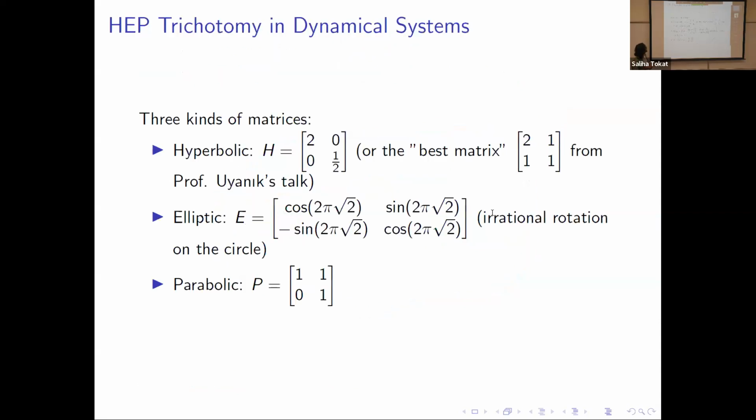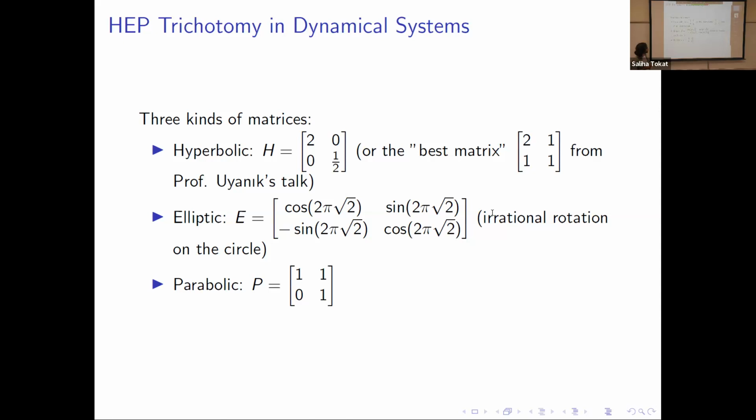This comes from the group property of the time parameter. And there are three paradigms in dynamical systems: hyperbolic dynamical systems, elliptic dynamical systems, and parabolic dynamical systems. In the hyperbolic case, we need a 2x2 matrix. The main property of this matrix is that it has two eigenvalues.